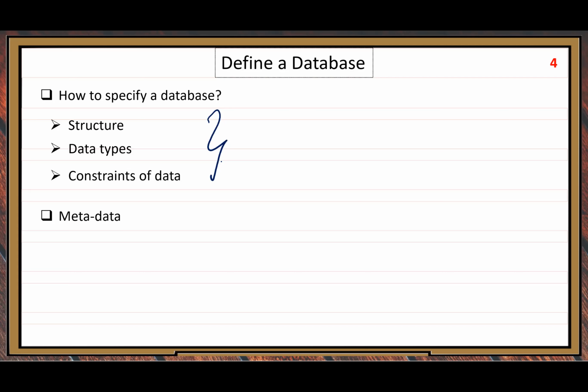Actually, all these things belong to metadata. So when we write the database definitions, all our definition part goes to the metadata. The part that is not metadata is just the business data itself, the original business data. We say primary data. Metadata is descriptive data for your business data.